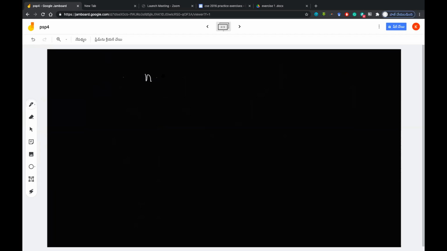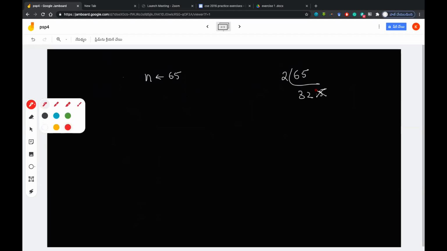If I'm getting n as something like 65, the most important part is that you only get 32, right? You do not consider 32.5. This is wrong, so it should not be considered. You need to only consider 32. That means only even divisions, only the integer quotient should be there. So you only consider 32.